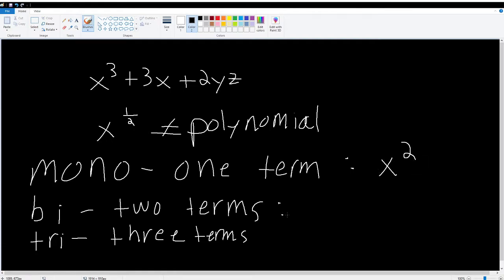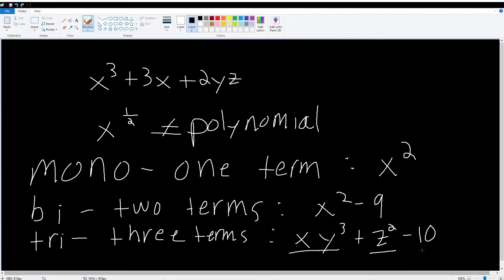A binomial could be something like x squared minus 9. A trinomial is three terms, so it could be something like x, y cubed plus z squared minus 10. So this is one term, two terms, three terms.